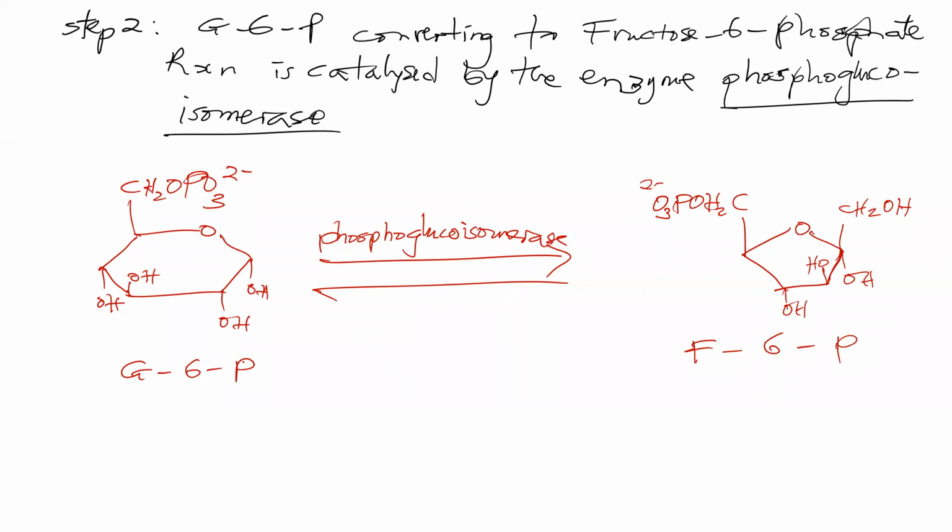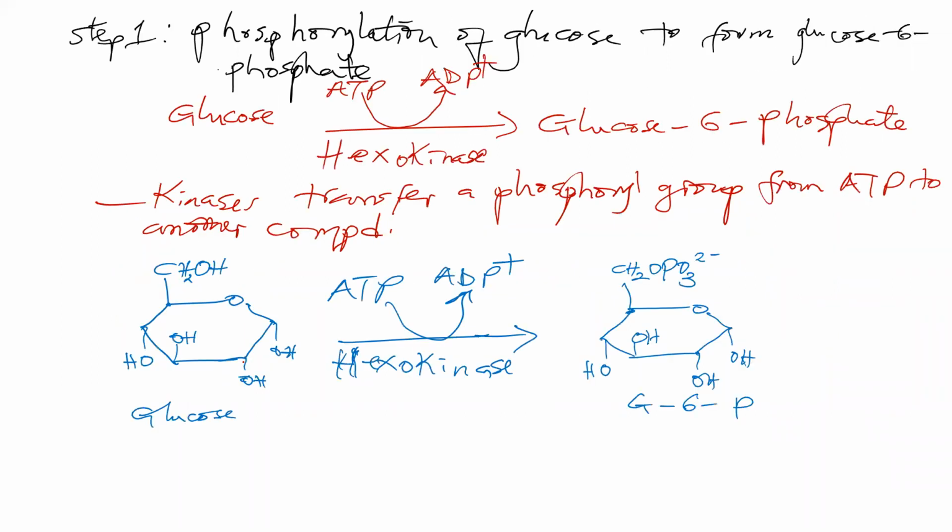Now, in a biochemical reaction, anytime you've got a reversible reaction, it means that this reaction can proceed in either way, depending on which compound needs to be formed at a particular time. But for step 1, you can see that the catalysis by hexokinase is basically a non-reversible reaction.